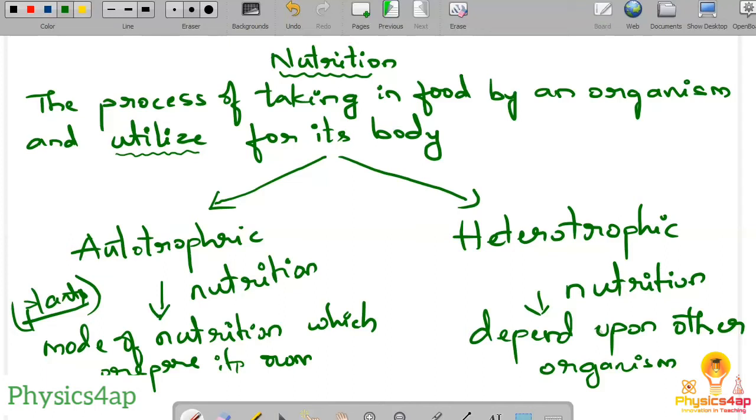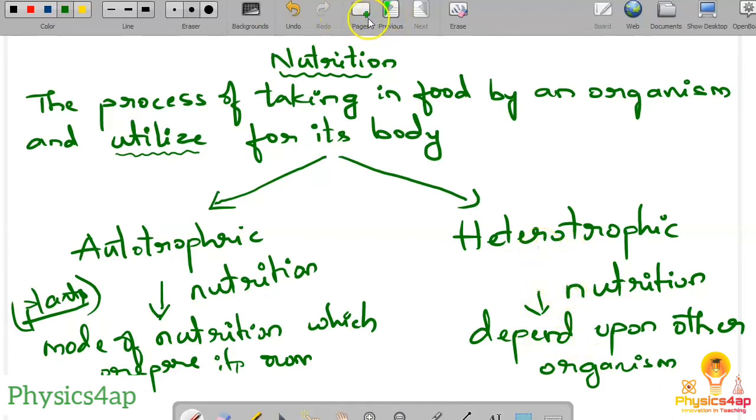So we humans come under heterotrophic nutrition. The mode of nutrition which can prepare its own food is called autotrophic nutrition, and the mode of nutrition which depends upon other organisms and cannot prepare its own food is called heterotrophic nutrition.